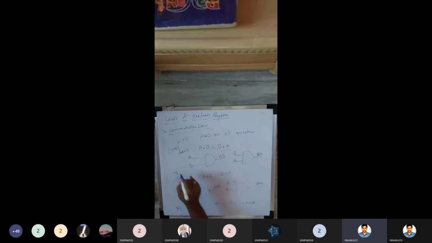Similarly, for the AND operation, A dot B dot C is also equal to A dot C dot B, which is also equal to C dot B dot A, like this, different combinations. That means if we expand it to more variables also, this law is applicable, the commutative law. That's what he's saying.